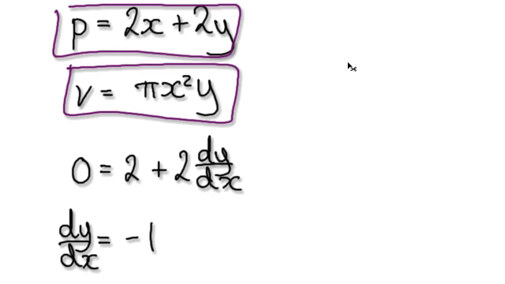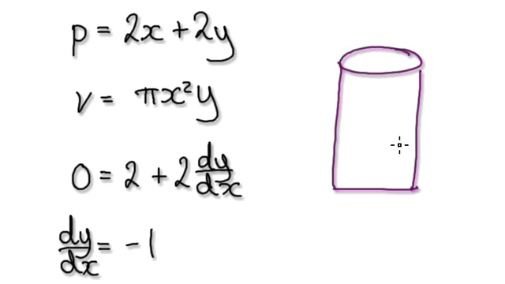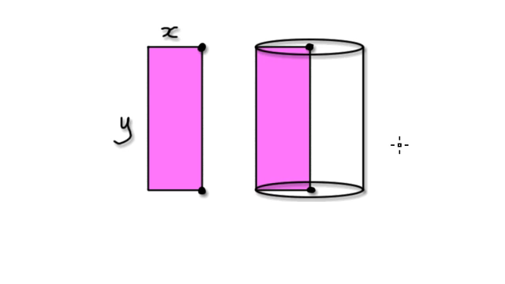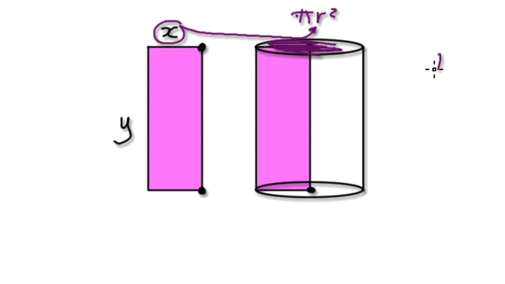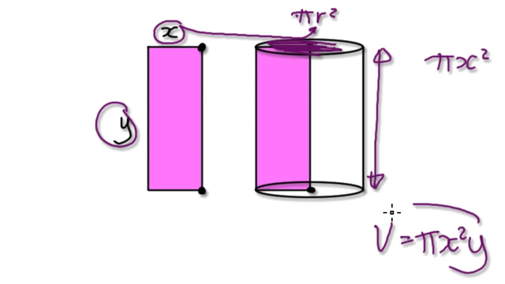If you look at the cylinder here, the volume is the area, pi r squared, but r in this case happens to be x. So the area of this circle will be pi x squared, and then you need to multiply by the height. The height in this case is y, so the volume will be pi x squared times y.